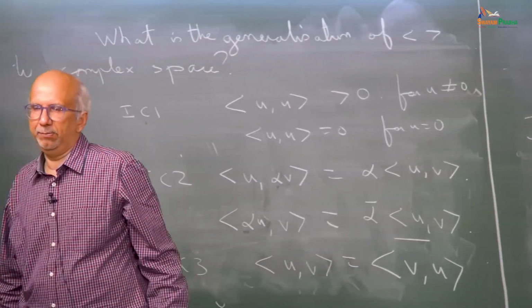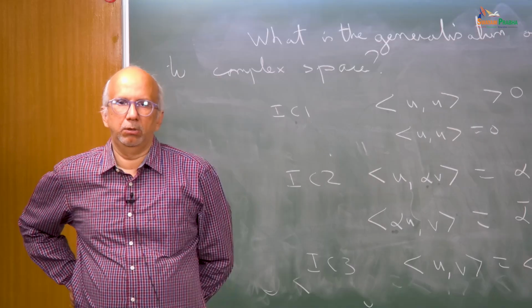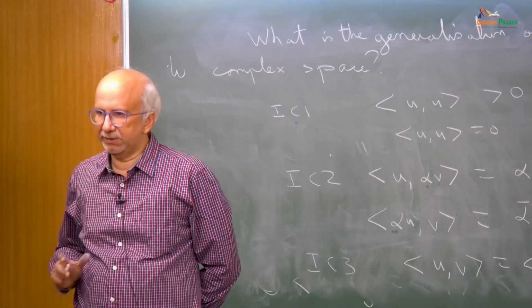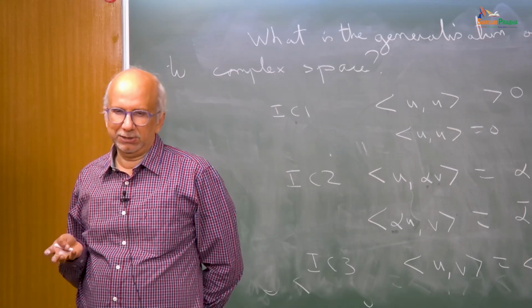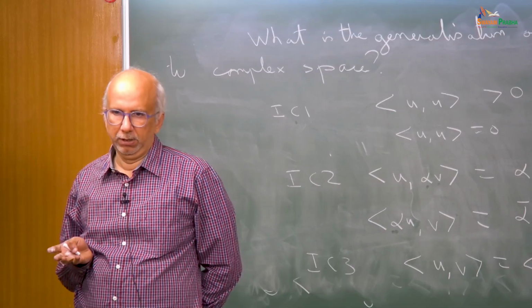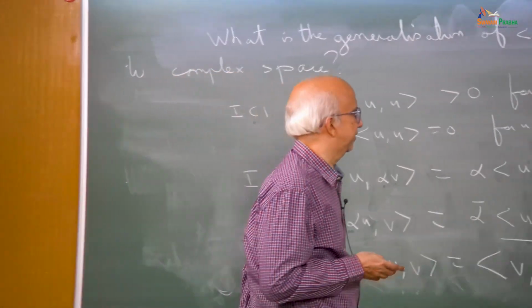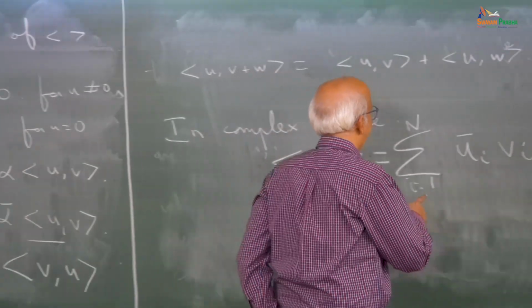So if you have complex elements, you will use this definition. This is a general definition. If it turns out to be real, then there is no question of complex conjugate. But if it is complex, you have to use this.